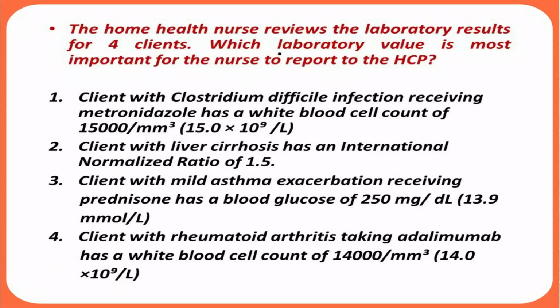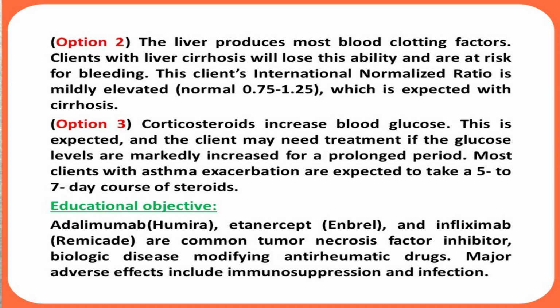The next option says client with liver cirrhosis has an international normalized ratio of 1.5. Comparing with the normal value of INR, we know that it is slightly elevated. But the client has liver cirrhosis, and we know that the liver produces most of the clotting factors.